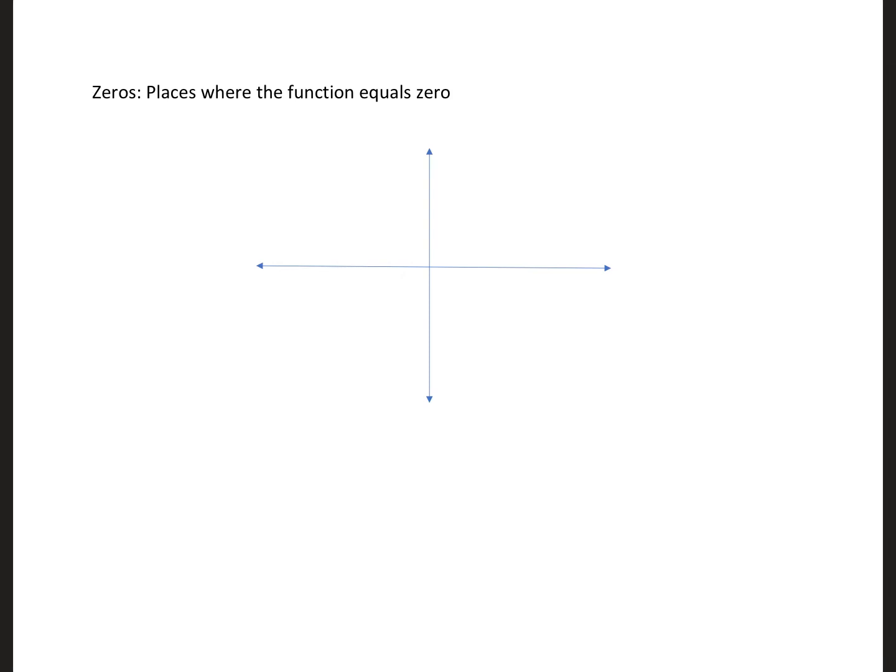The next key features that I wanted to talk about are the zeros of the polynomial and how we can identify those. Let's say, for instance, I had a graph that had a shape kind of like this. The zeros are places where the function has a value of 0.